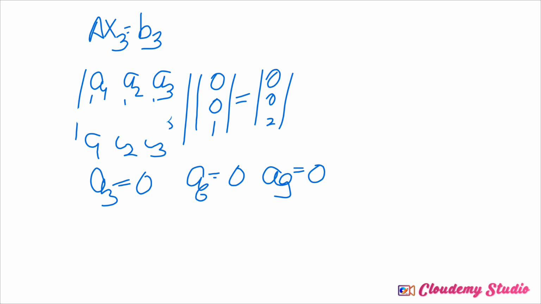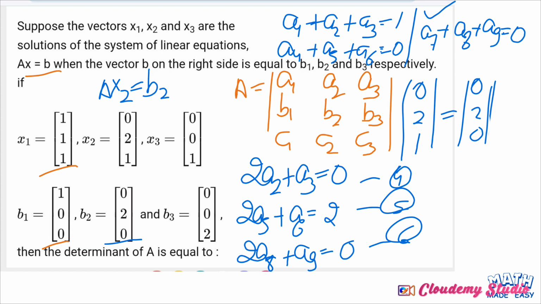Sorry, these all are a4, a5, a6, a7, a8, a9. I have solved something else, I am writing something else. I am so sorry. So it is a4, a5, a6, a7, a8 and a9.